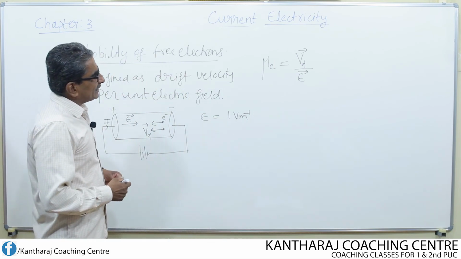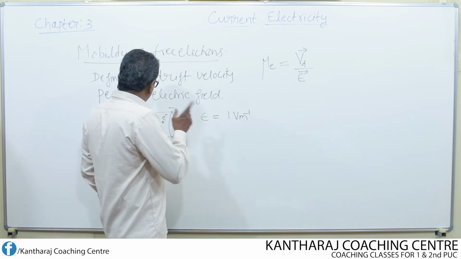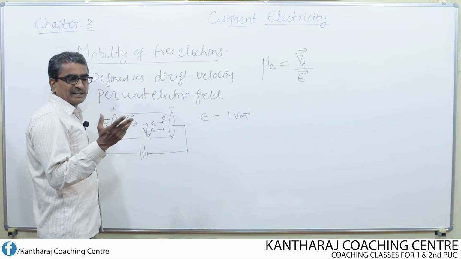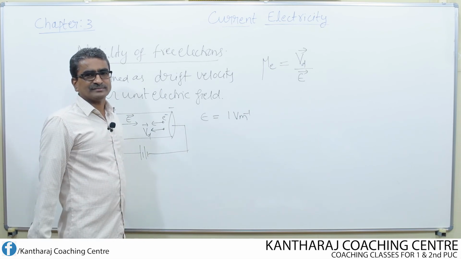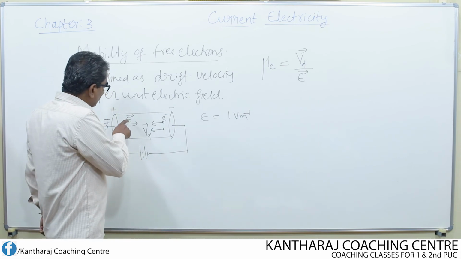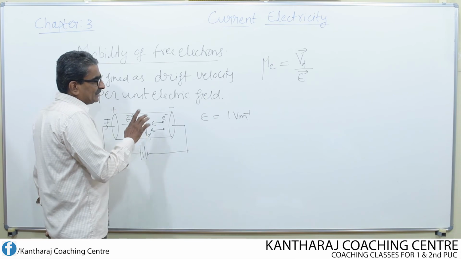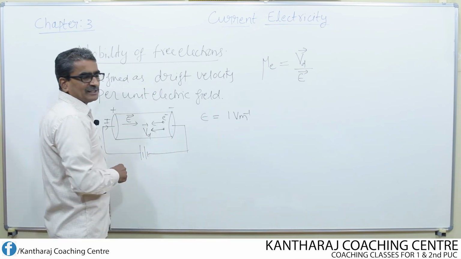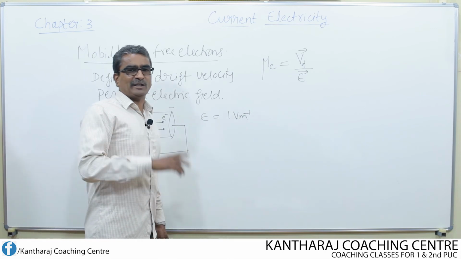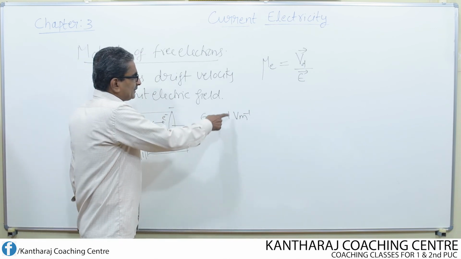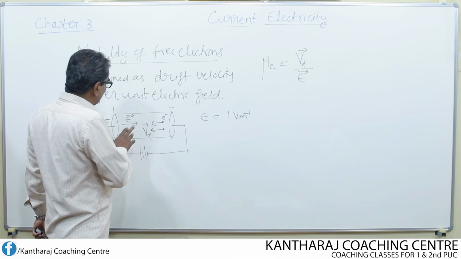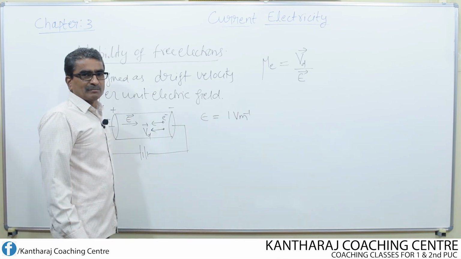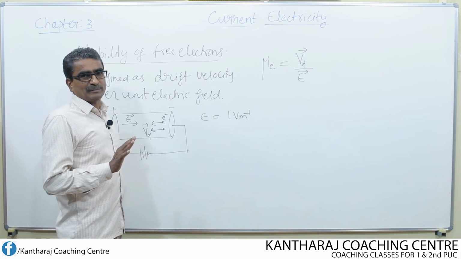So it is very clear that if we change the magnitude of the electric field, then the drift velocity also changes. Whenever we define some terms in physics, we always make use of unit value. So for definition purposes, we have taken the electric field magnitude equal to 1 volt per meter, but it need not always be 1 volt per meter.